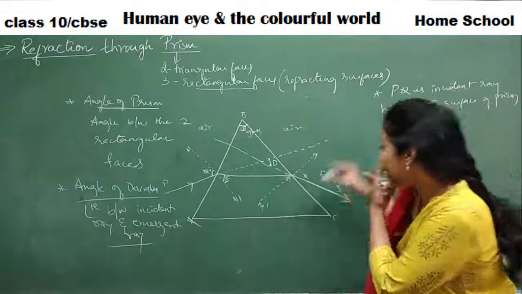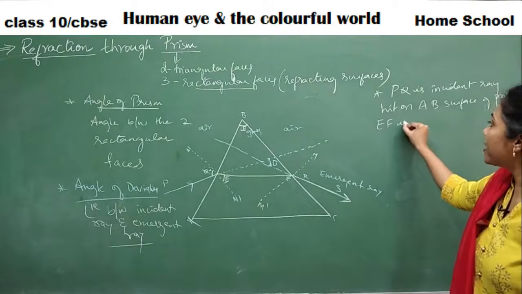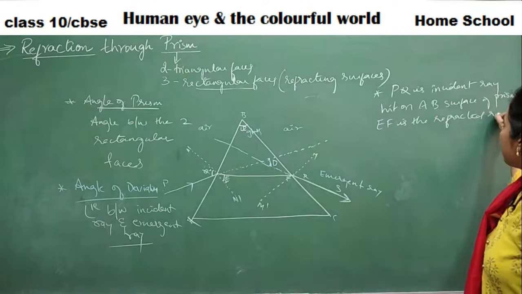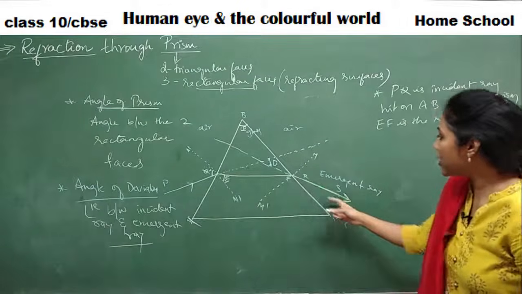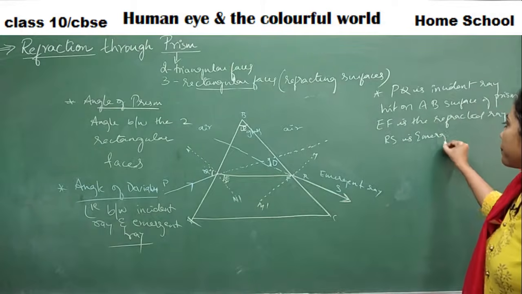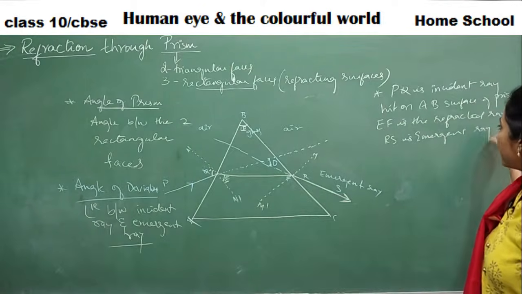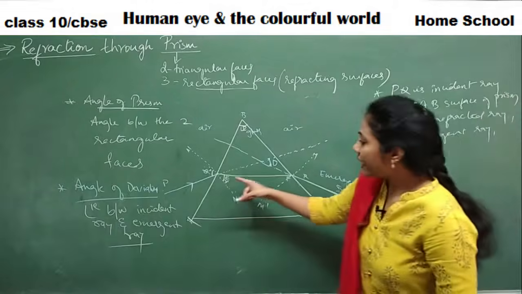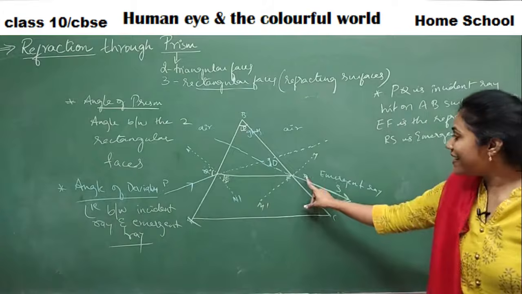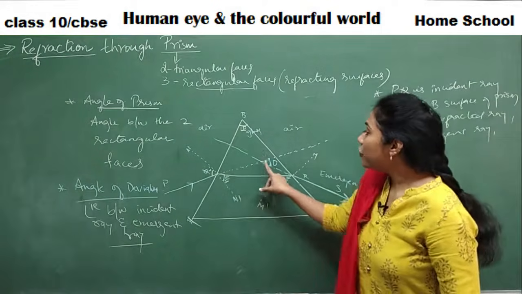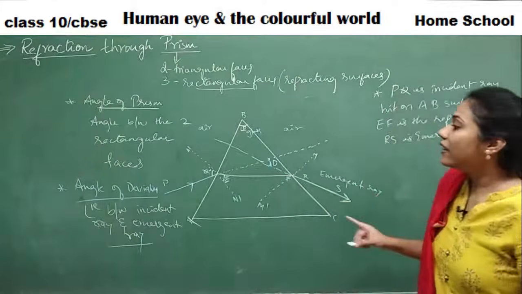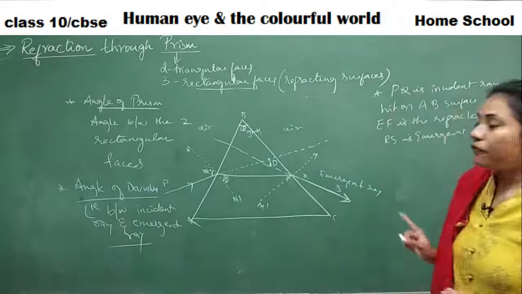So which is the refracted ray? EF. EF is the refracted ray. Okay, refracted ray. And which is our emergent ray? RS. RS is emergent ray. Emergent ray. Okay, and then if you extend this PQ in a straight line, and if you extend this RS in a straight line, both of them will meet at certain point, making an angle, and that angle we will call it as angle of deviation.